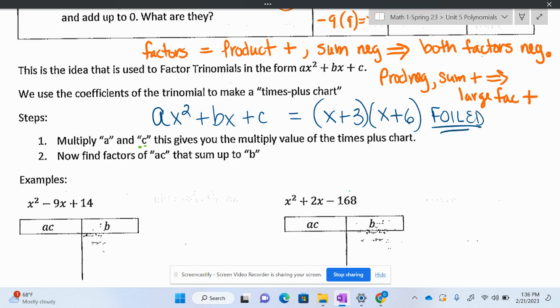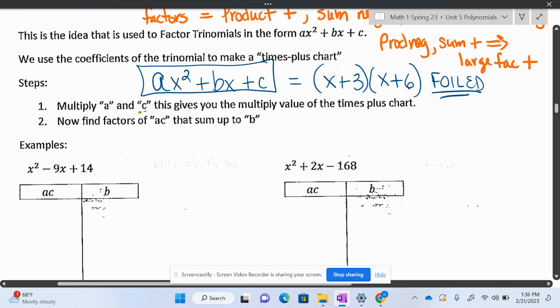When you foiled these two numbers, you ended up with this. So now we're going in the opposite direction. Last week you started with the two factors, we called them binomials, and you foiled to get the trinomial. This week we are starting with the trinomial, and we need to end up with the two factors, two binomials, okay? So what does that mean?